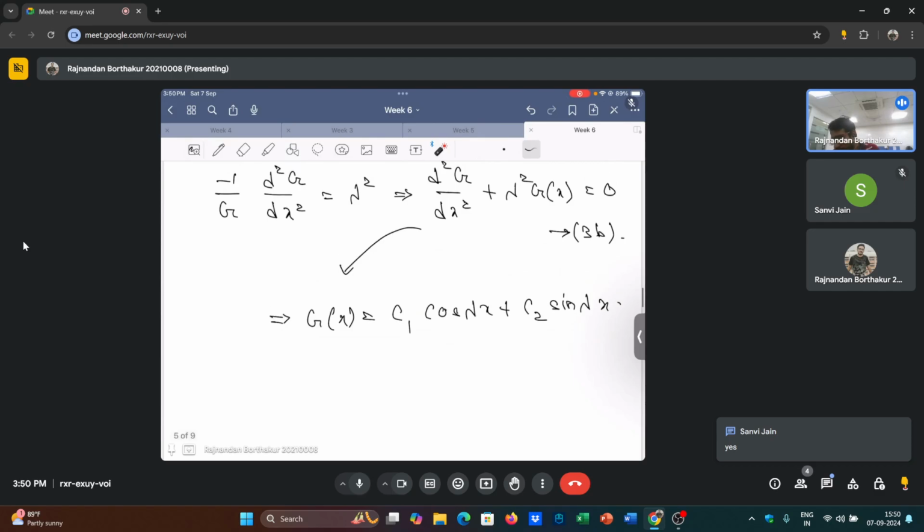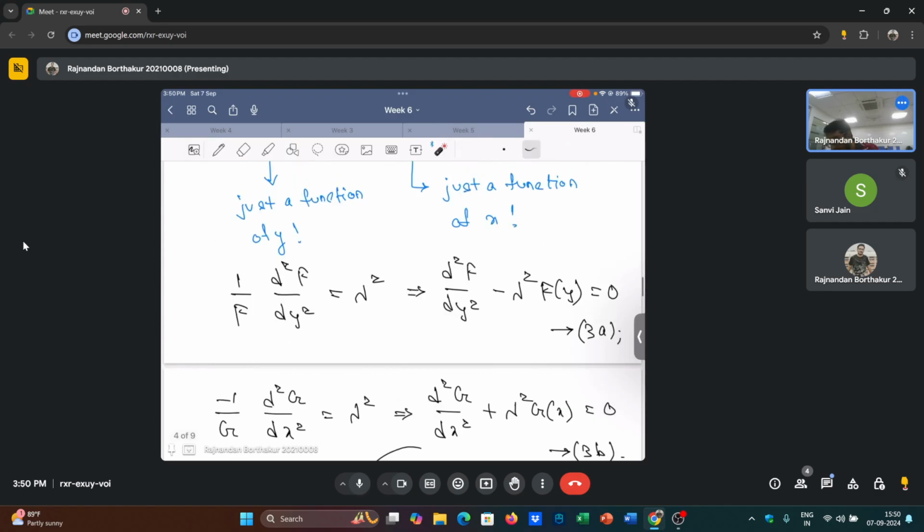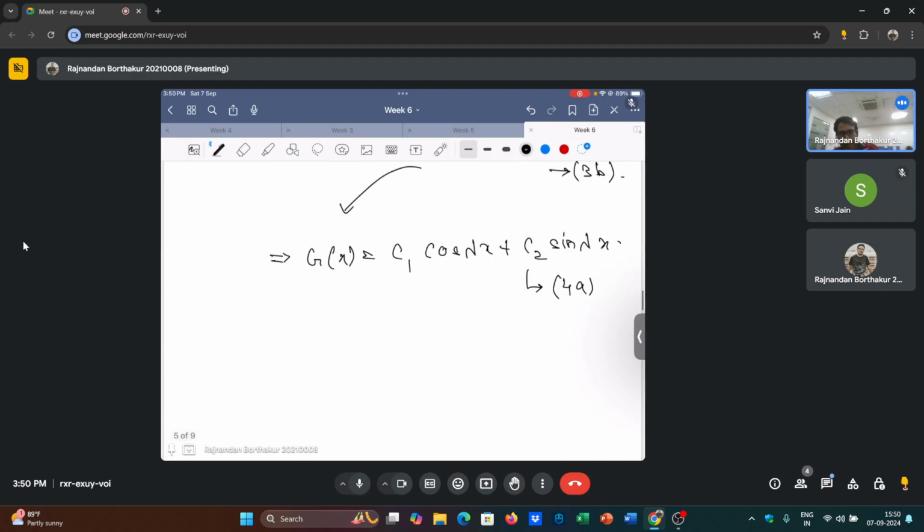Similarly, if we solve this, I'll write this now as 4a. And if you solve this equation by the methodology that I just stated, you will simply get f of y as c3 e power lambda y plus c4 e power minus lambda y.